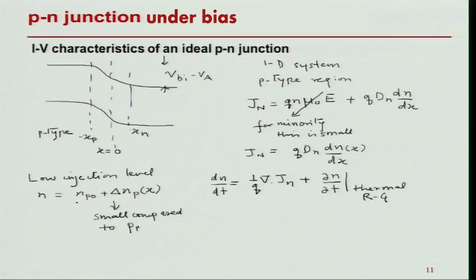Now, I know on the p side that there is no change in the concentration of the p side, it is uniformly doped, and in trying to find a steady state solution, there will be no change in time also. So, I can replace n by this expression, which will basically give me this, and further I can use the expression for diffusion current, and this gives me this.